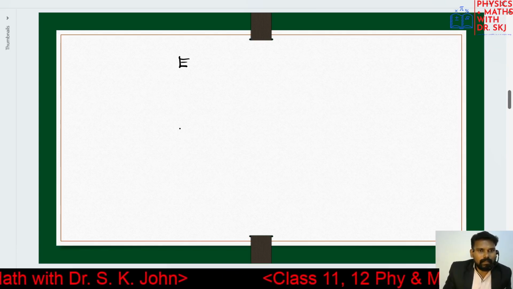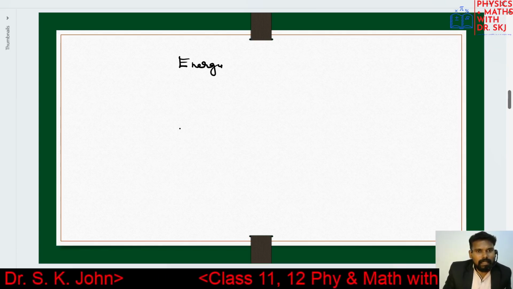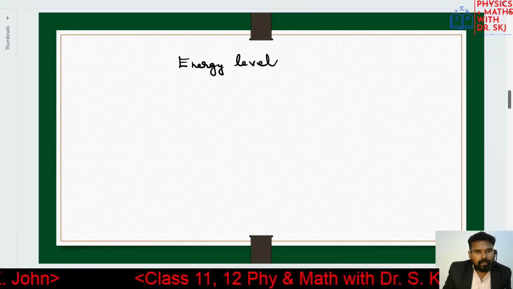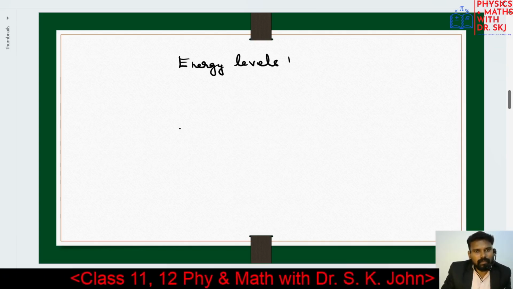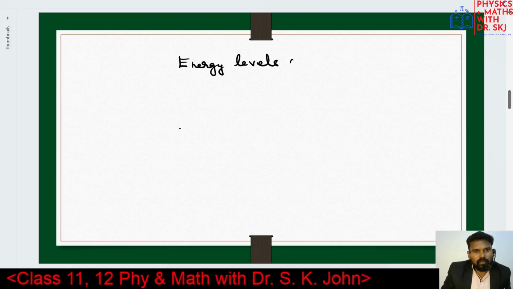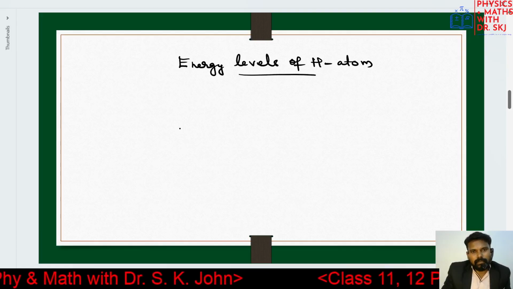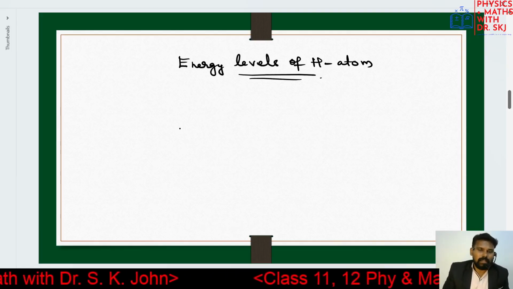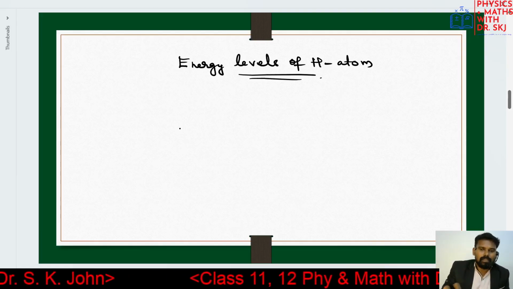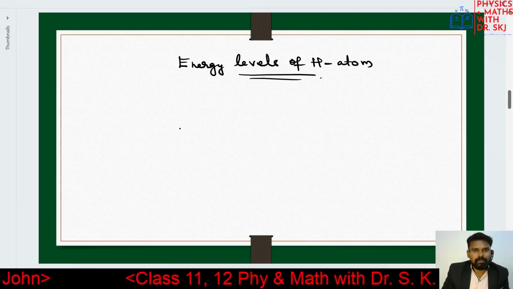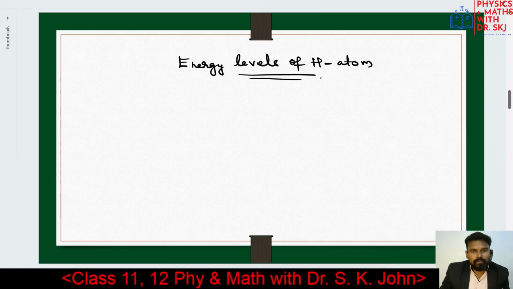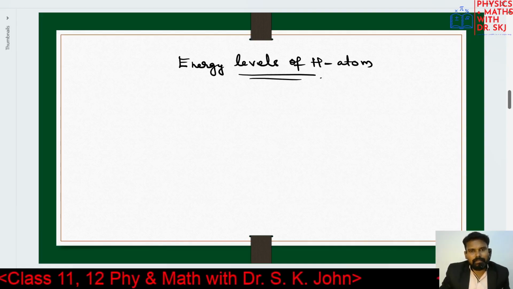So in the hydrogen atom, we say energy levels of the hydrogen atom, for an individual atom, or for an isolated atom, meaning an atom which is not influenced by its surroundings. For an isolated atom, there are energy levels.